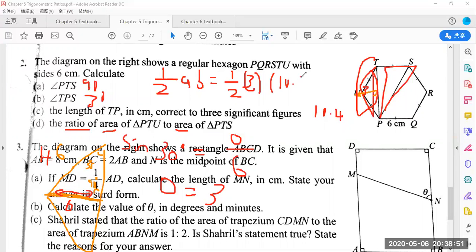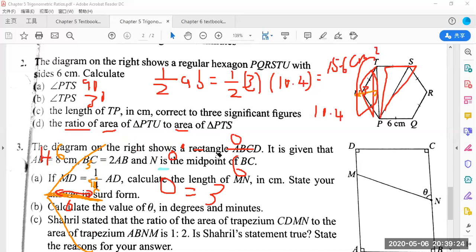So this one is 15.6 cm square. This one. So another triangle, we find another.